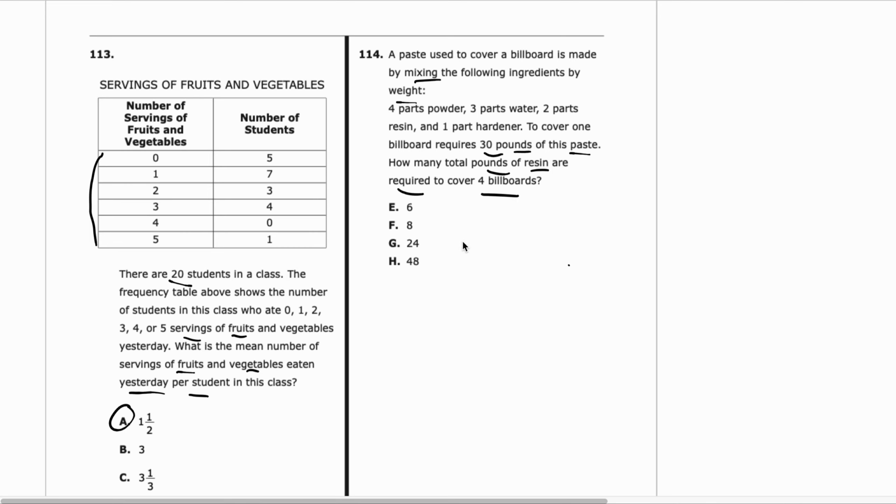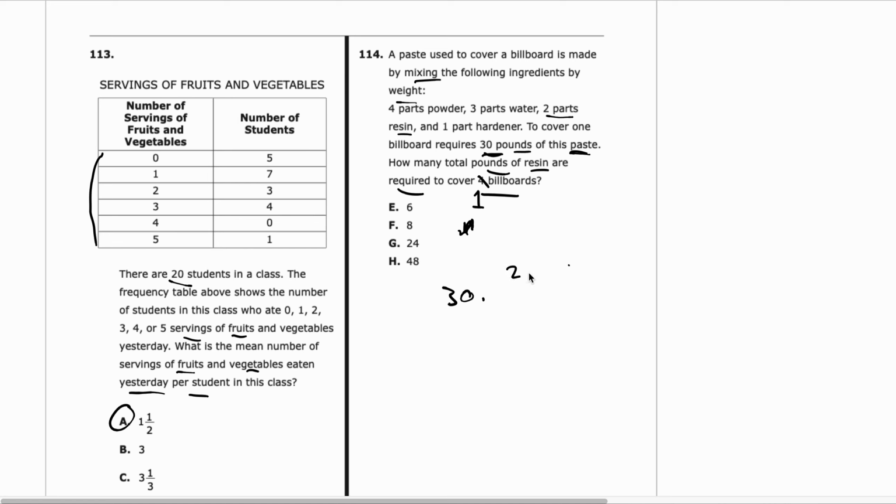So let's simplify this question and ask how many pounds of resin are required to cover one billboard, right? And then we can multiply by 4. So to cover one billboard requires 30 pounds of this paste. So we have 30 pounds of this paste, and we can multiply it by the fraction of the paste that is made of resin, right?